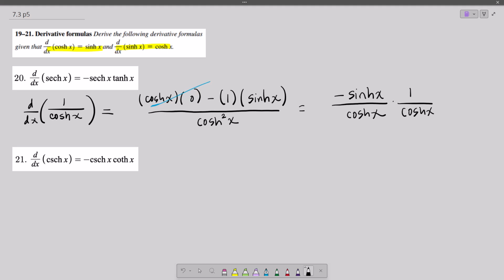And there we have it. So now we have a negative: 1 over cosh, the reciprocal of cosh, is sech. And then sinh over cosh is tanh. And there we have it.